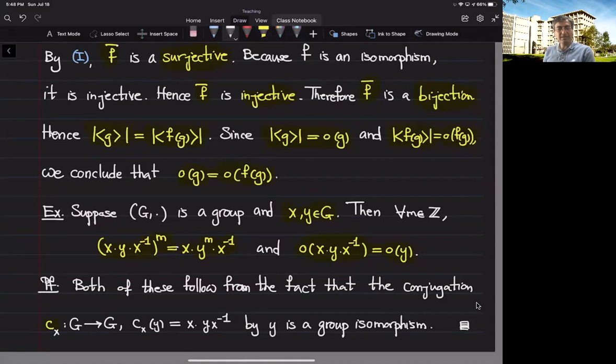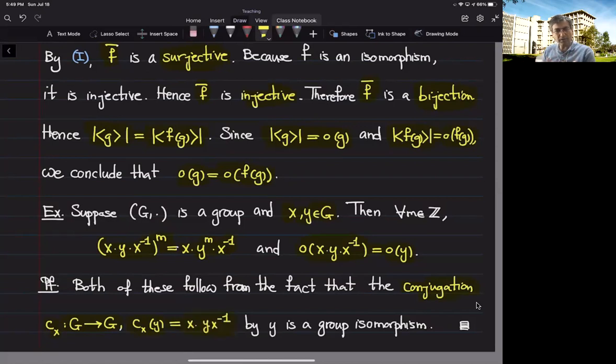This is a group isomorphism from G to G. This we have checked in previous videos. We've seen that conjugation by x is an isomorphism from G to G, where conjugation C sub x of y is given by this.